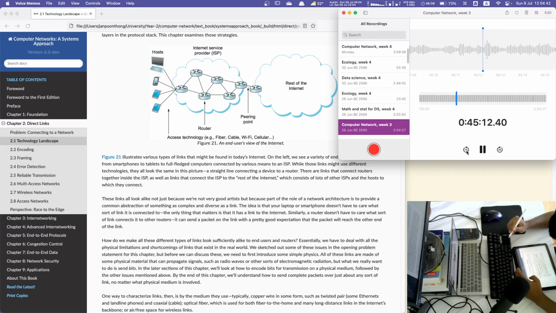G.fast is copper cable, but PON is an optical cable and speed is very high. Digital subscriber line is an old technology, but right now all the companies connect the internet to our home through the telephone cable. They use a modem. G.fast is a copper cable-based technology, mostly for apartment buildings, and passive optical network is an optical connection, mostly used for home and business cable.